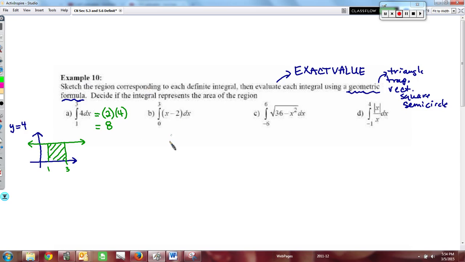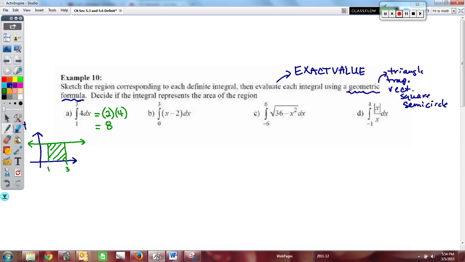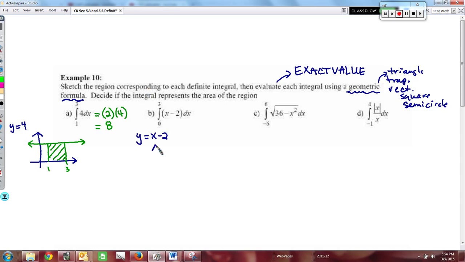Okay. For this one, it doesn't bother me. This is still a linear function inside, so I'm going to graph y equals x minus 2, which has a y-intercept of -2 and a slope of 1. Right, and we're going 0 to 3.